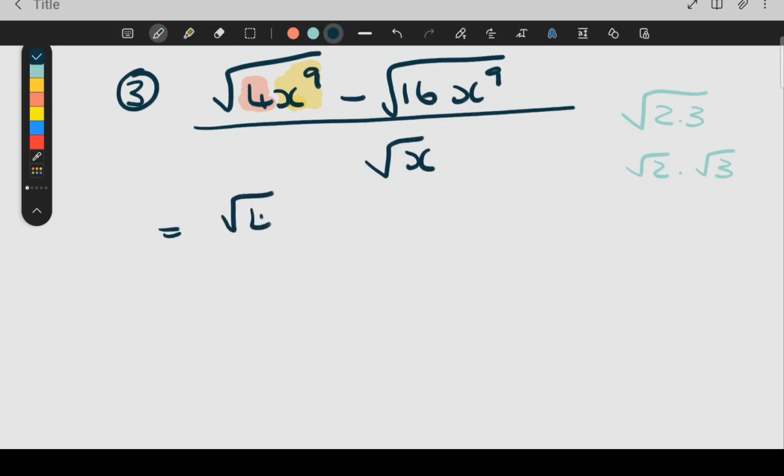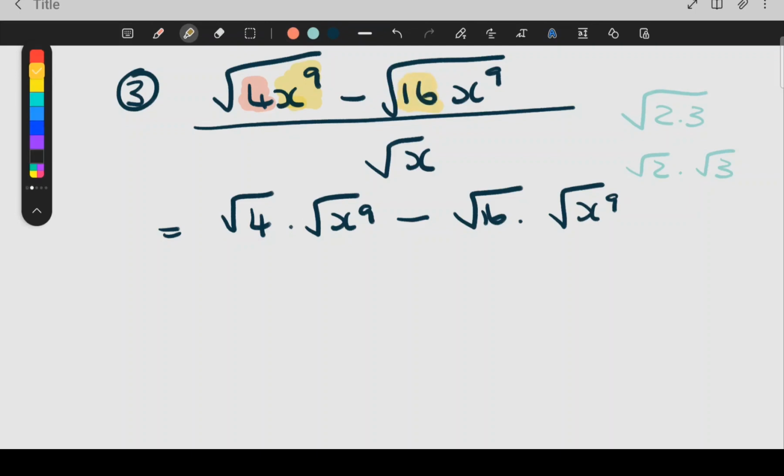I'm going to say it's this times this. There, I've broken it up. Then let's break the other one also up. So it's this times that. And then at the bottom, it's only root x. So that's step number 1.